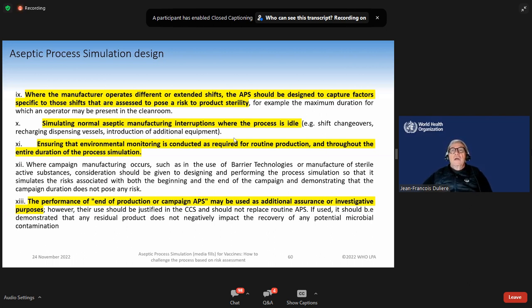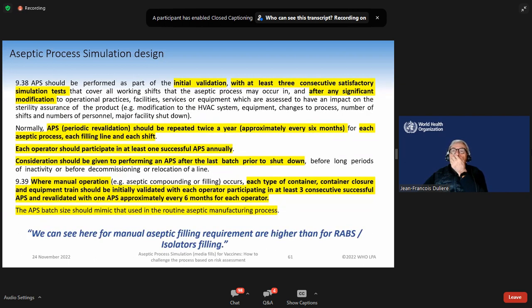Like that, you will have information on the robustness of your process during the campaign.